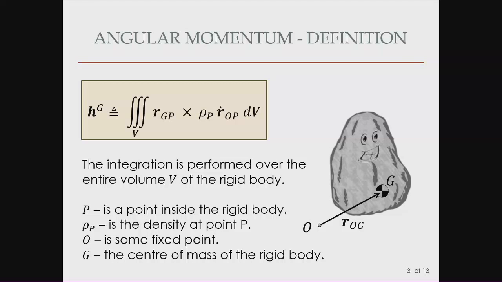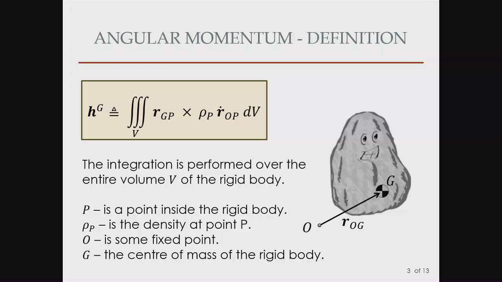So what is the linear momentum of, say, one of these points P? We need a fixed point O. So R_OP dot times the mass of that point P, and the mass of it is rho_P dV.